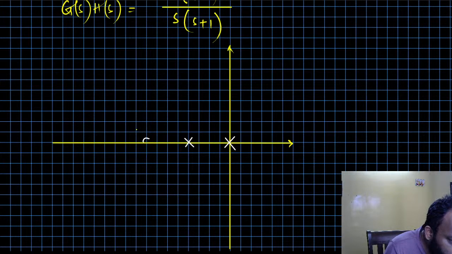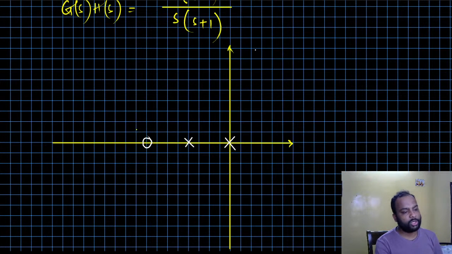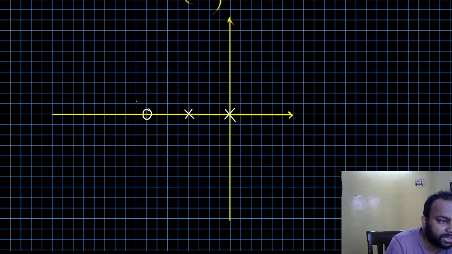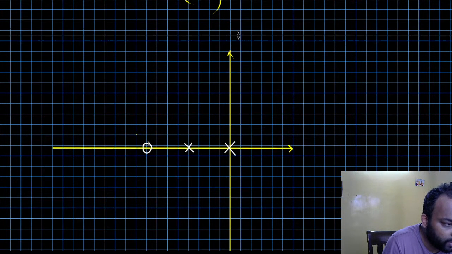This open loop zero will be denoted with an O, and poles are denoted with X. That's pretty nice. Let's take some space here because we might need it later on.